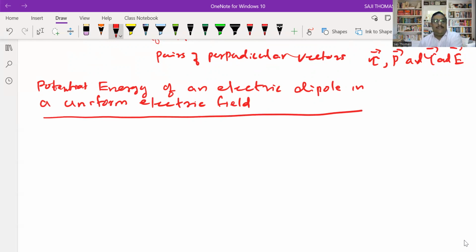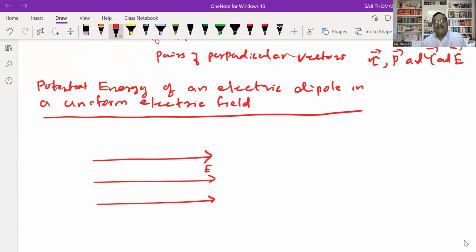So I represent a uniform electric field. This is the uniform electric field, E. So what is E? Strength of the uniform electric field.